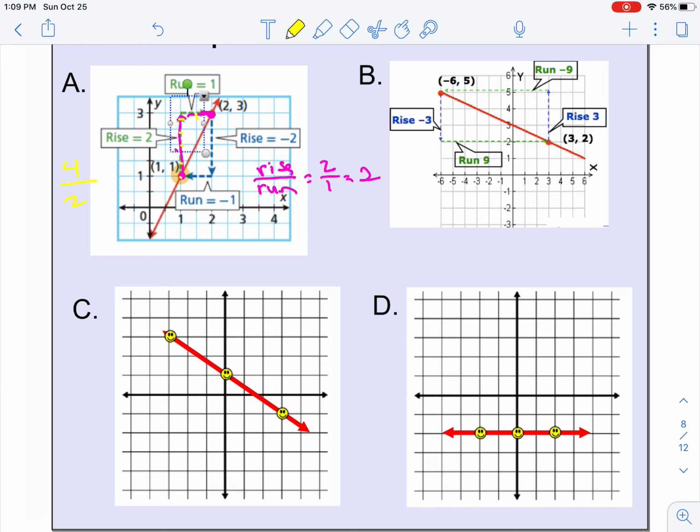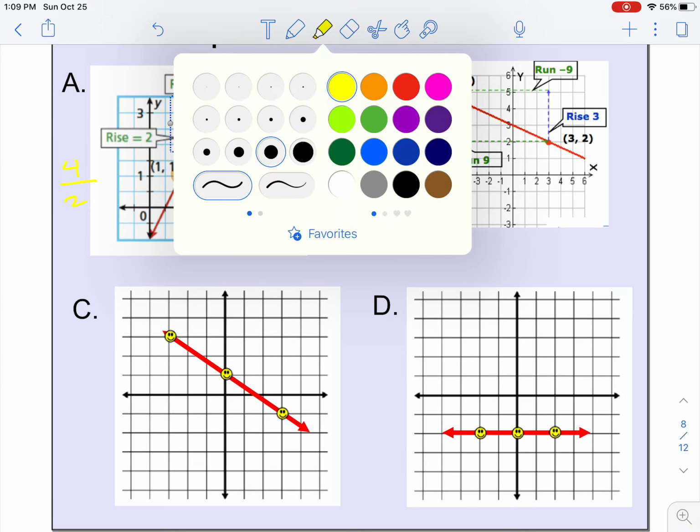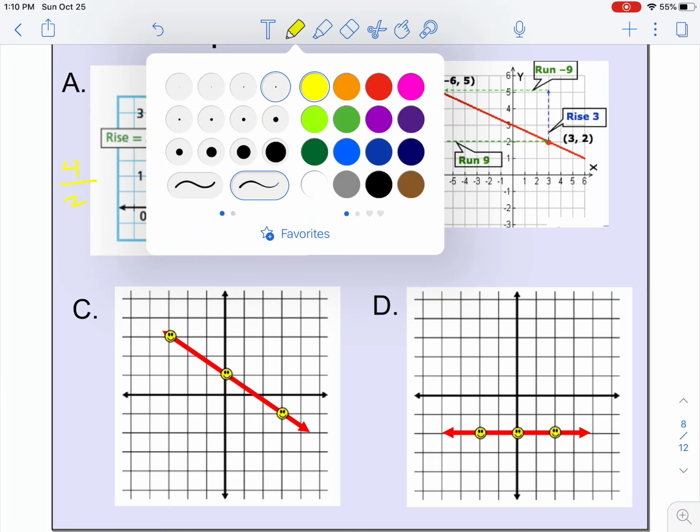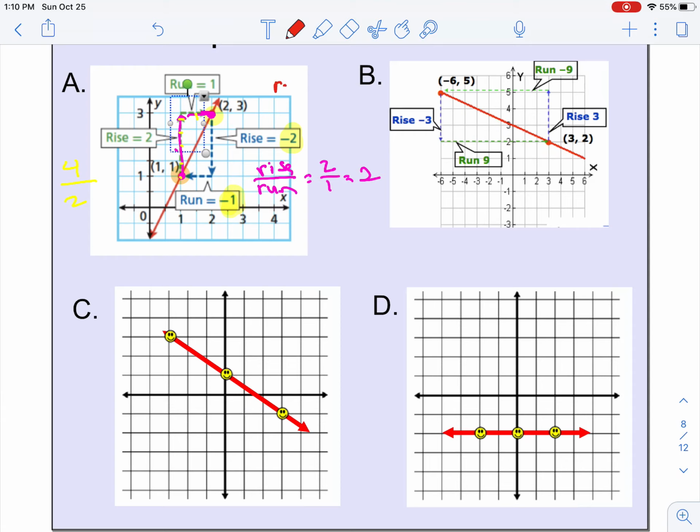If I were to start at the other point, then I would be going down, which is a negative. So if we look at this the other way, starting with this point, now we're going down and we're going left. And that's why we get -2 over -1, which is still a slope of 2 over 1.